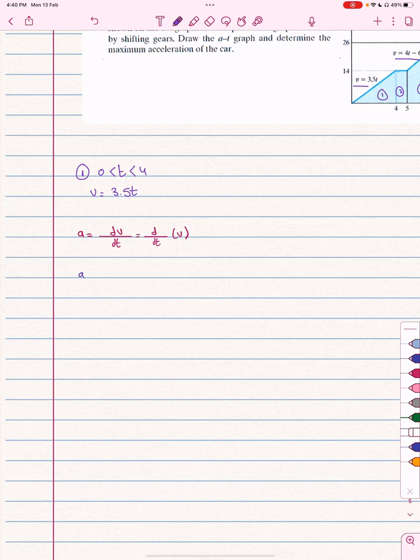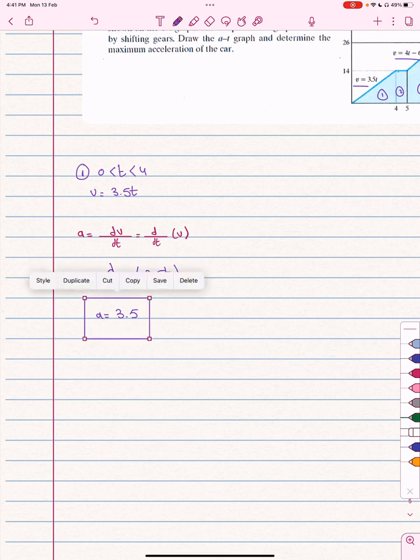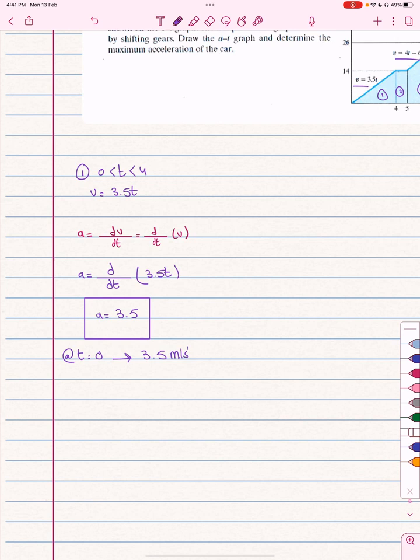So we will say that A equals d over dt multiplied by 3.5 t, and the derivative of 3.5 t equals 3.5. Now we will say that at time equals 0, acceleration will be 3.5 meter per second square.